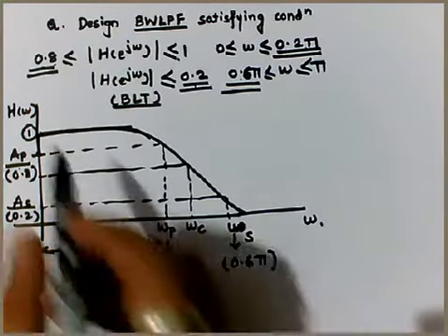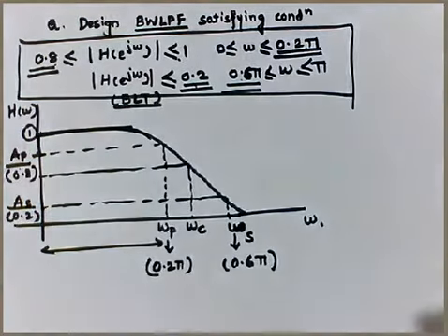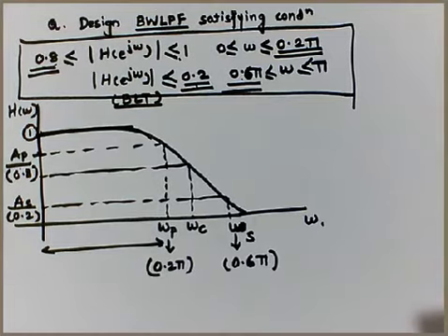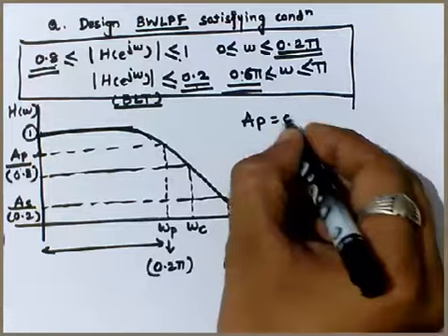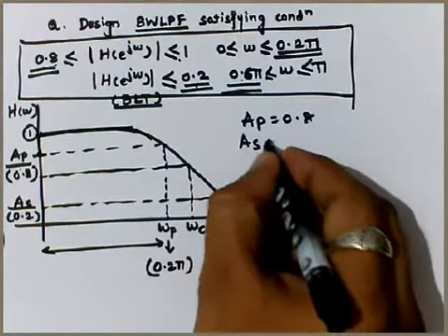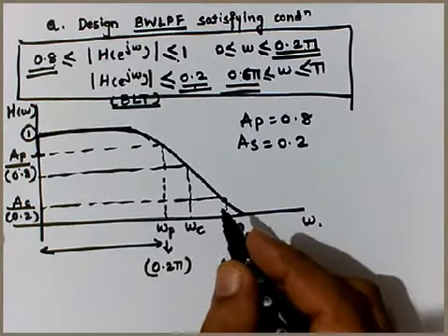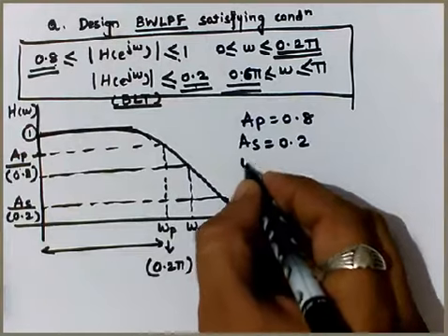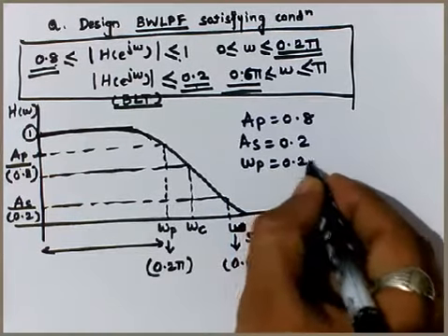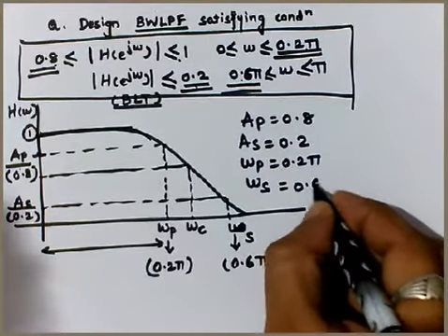So from this given data, we should be able to grab the important information with respect to the graph. Once we have AP, that is 0.8, and AS, that is 0.2, remember these values are not in dB but plain values. Similarly omega P is 0.2 pi and omega S is 0.6 pi.